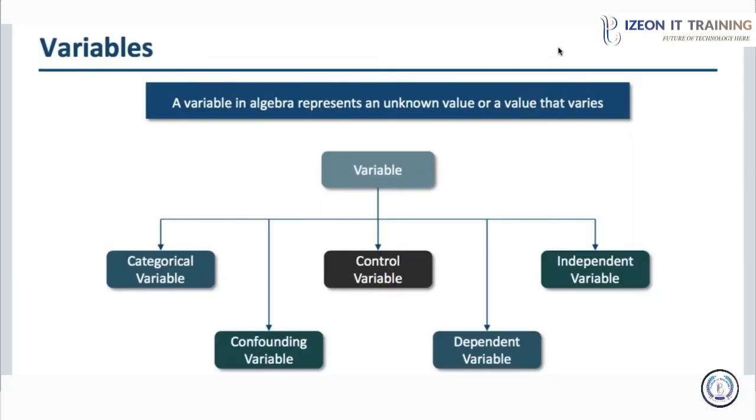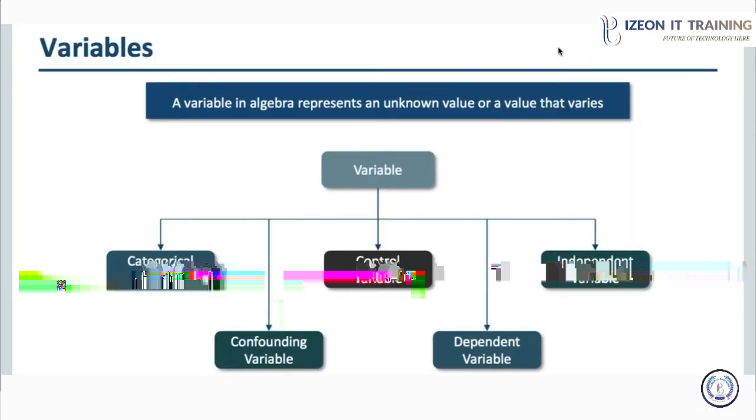Then you have independent variables, which are changed by the researcher or the person doing the research or analysis. For example, if you're investigating how changes in the size of a water faucet affect the amount of water flow, the faucet size is your independent variable. Or, a very simple example, if you're trying to measure the height of a wave versus the time in a day, the time in a day is your independent variable because you have no control over it.